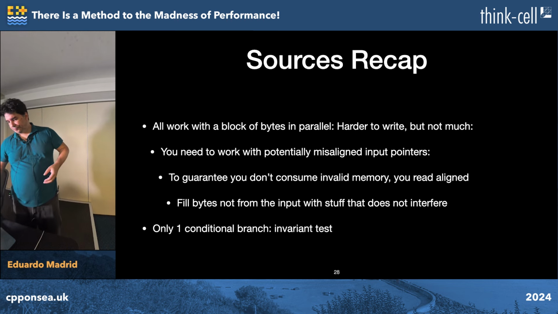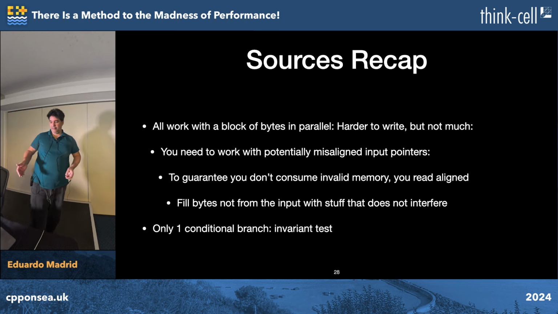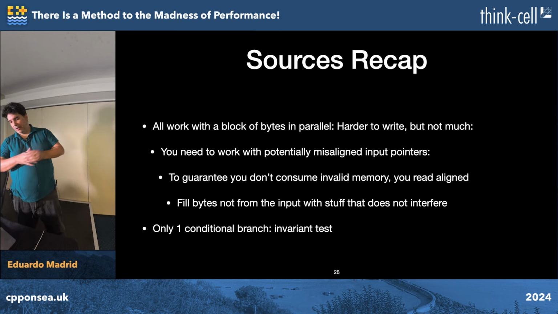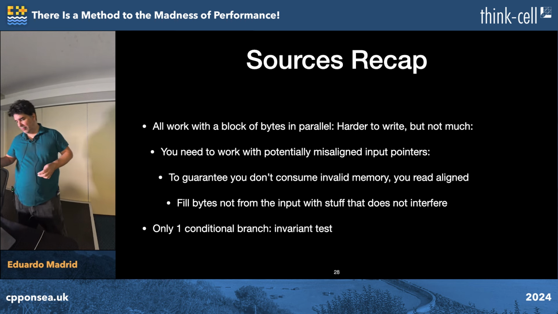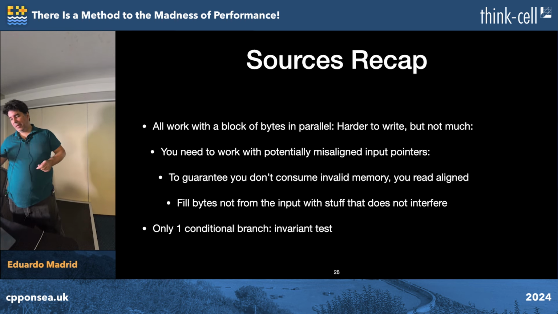Yeah, so in recap, they all work with a block of bytes in parallel. This is harder to write, but not much. You need to work with potentially misaligned input pointers, and to guarantee that you don't consume invalid memory, you read aligned, and you fill bytes. You complete your block of bytes with things that are not going to interfere with your computation.